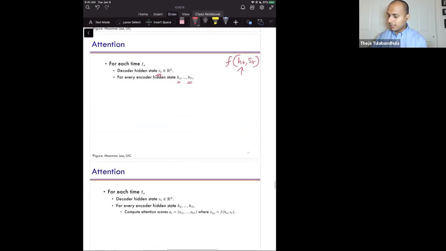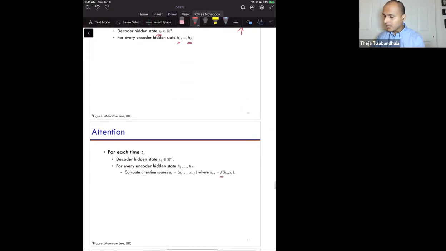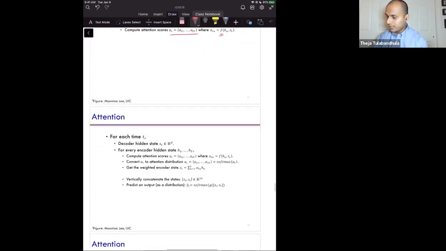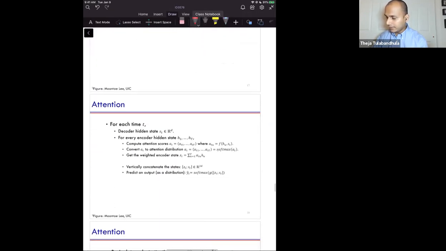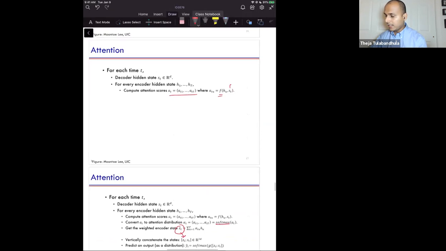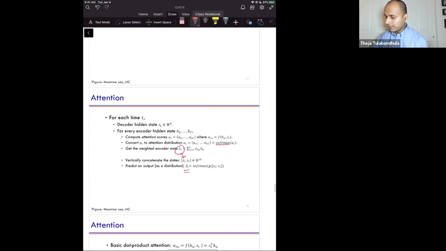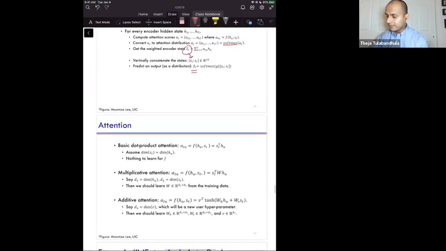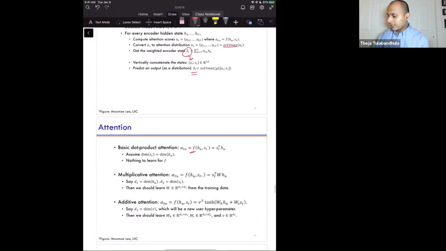We were using a transformation f to get attention scores. They were getting squished, and then ultimately leading to Z, and Z was getting concatenated with the original hidden state St, and then you're producing the y hat. Now, what is this f? That's the only thing left to shed light on now. It could be a simple function.